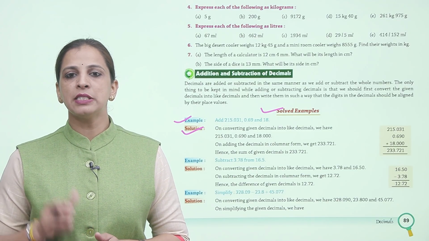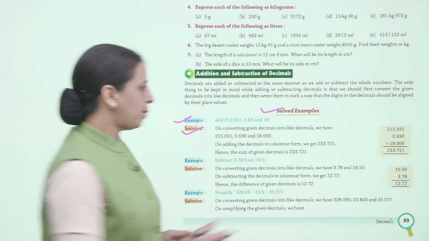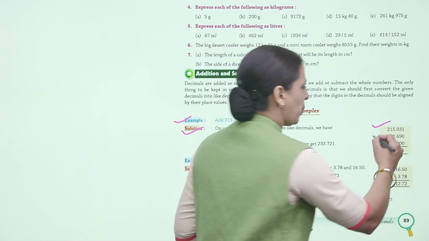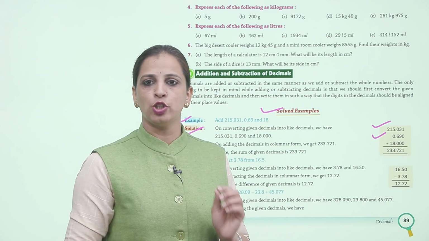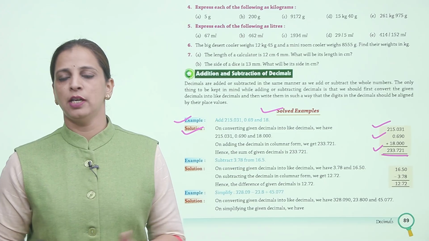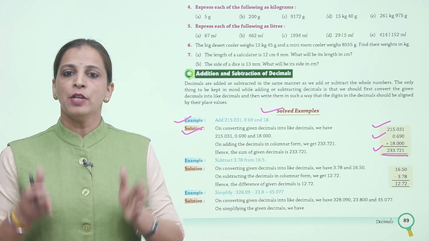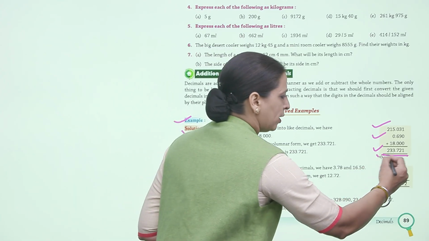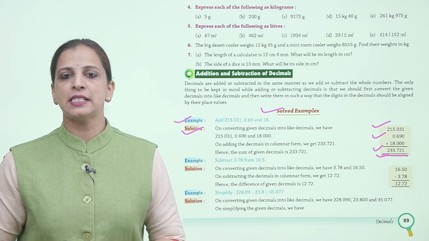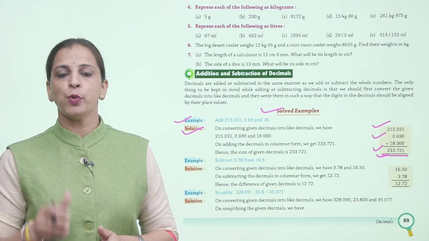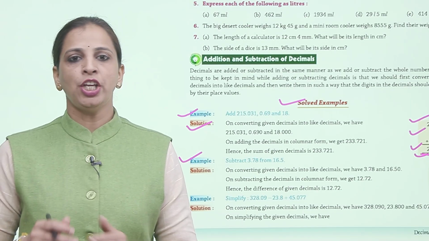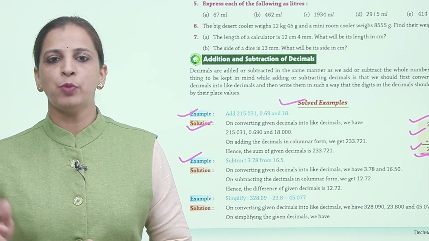On adding the decimals in column form, we get 233.721. Hence, the sum of given decimals is 233.721. Now, next example. Subtract 3.78 from 16.5.